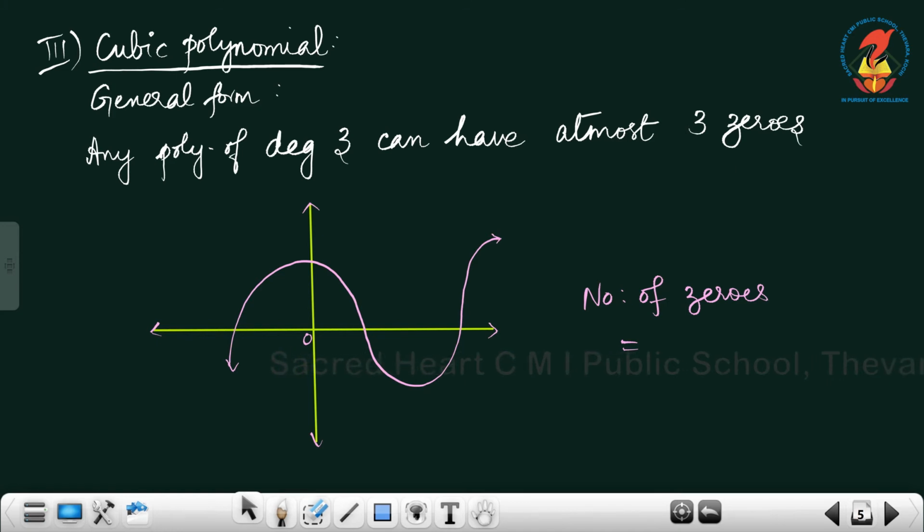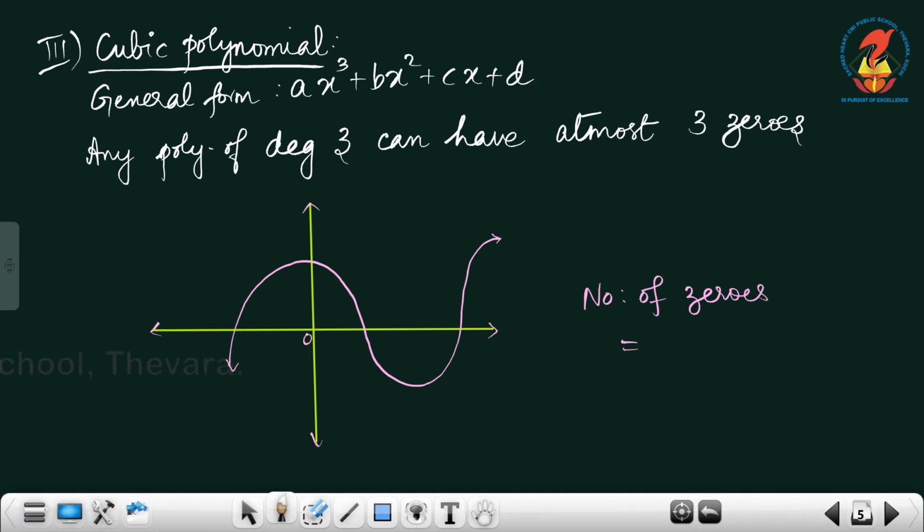Our third polynomial, cubic polynomial. The general form of a cubic polynomial is ax cube plus bx square plus cx plus d, a third degree polynomial. Any polynomial of degree 3 can have at most 3 zeros.